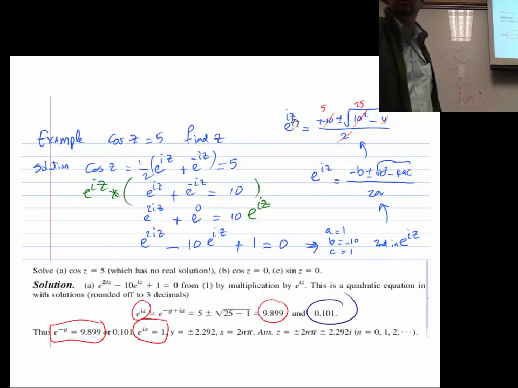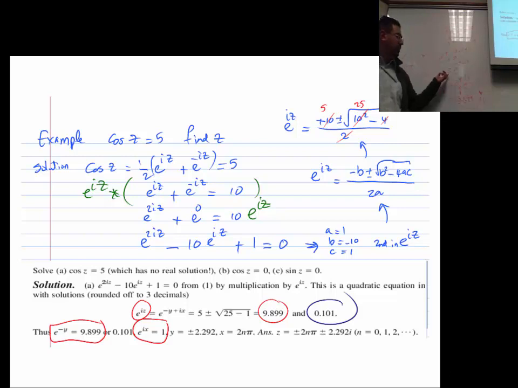That's e to the power iz. Now what's missing is, once e to the power iz is equal to 9.89, what is z then? If e to the power iz is 9.899, how can I get my z?